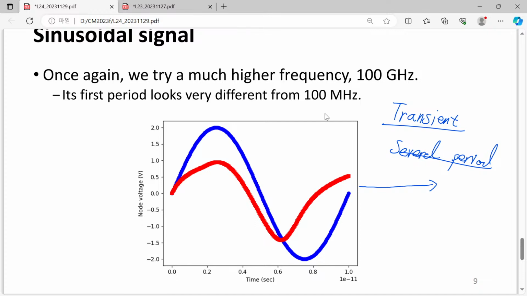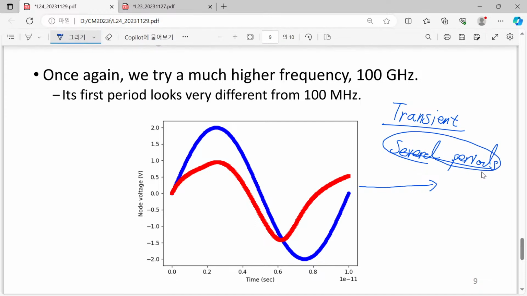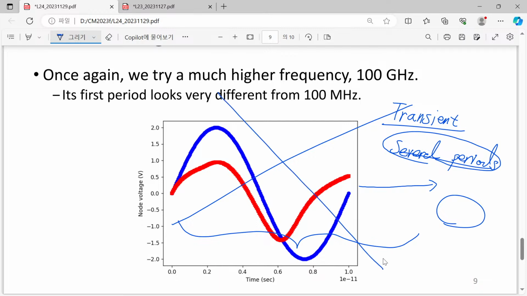However, you have to spend several periods, and sometimes it is quite painful to simulate a long time. So sometimes people want just the final result directly instead of having the initial transient behavior. This one is not actually of interest to us.